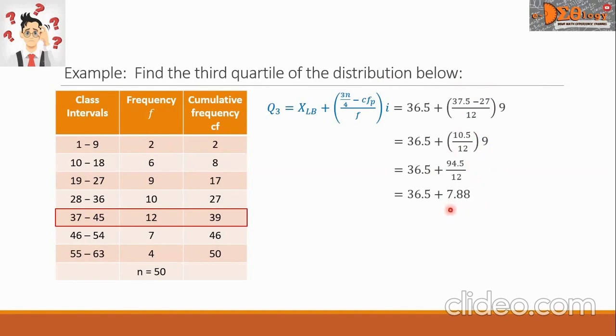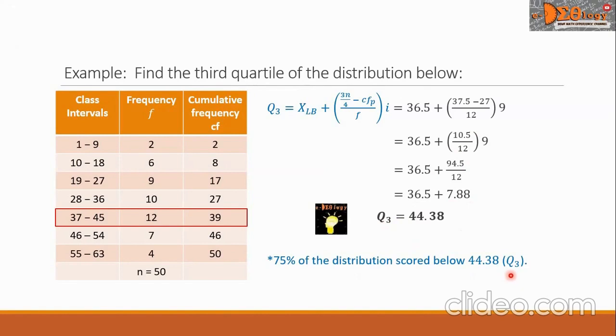And the sum of 7.88 and 36.5 is the third quartile value, which is 44.38. We say that 75% of the distribution scored below 44.38, and that is the third quartile. This is the final answer.